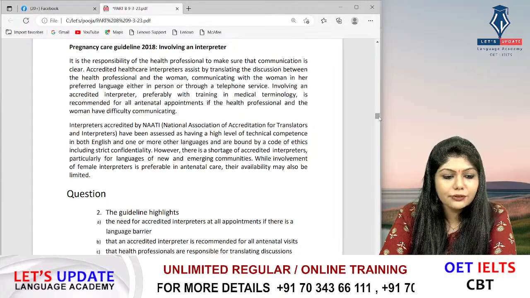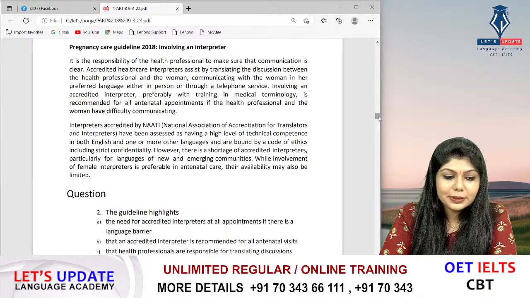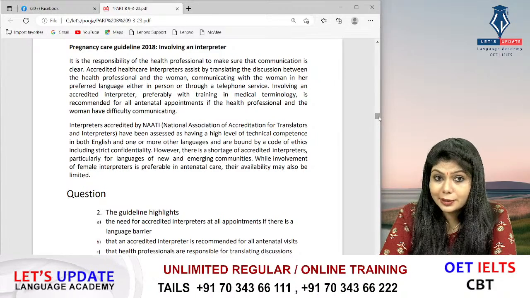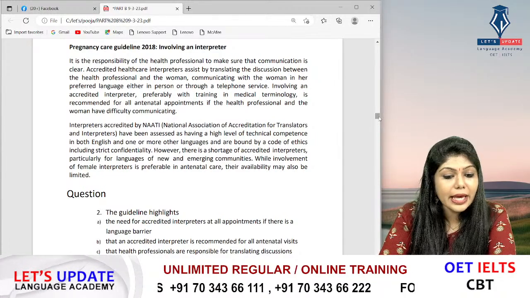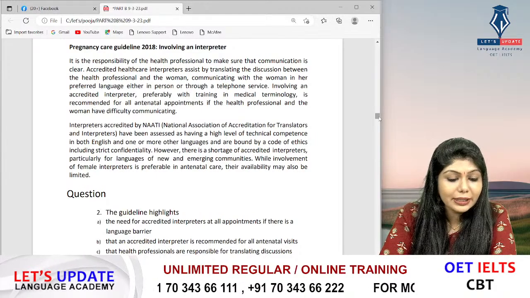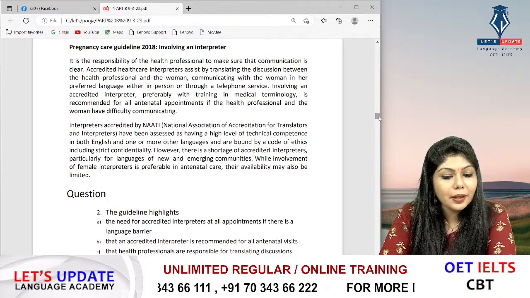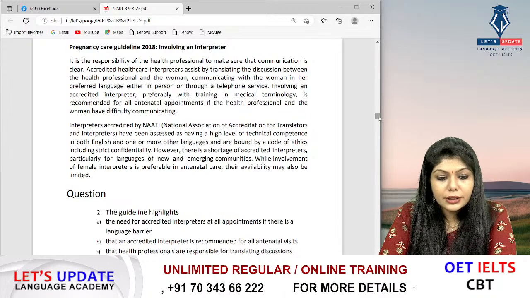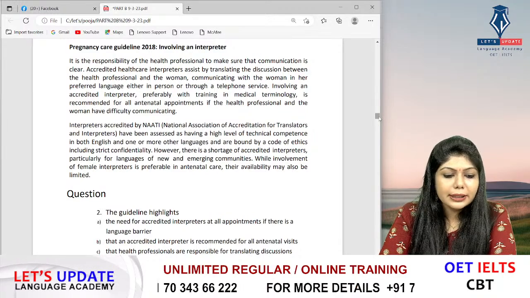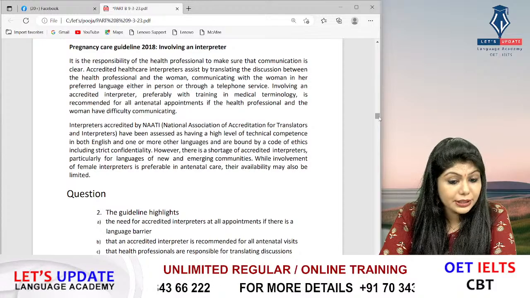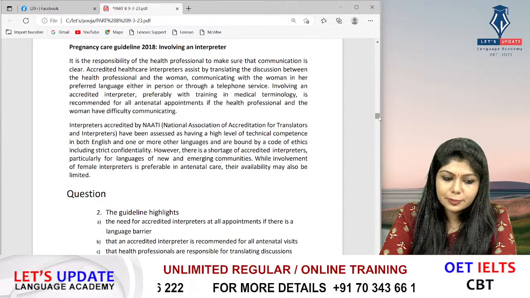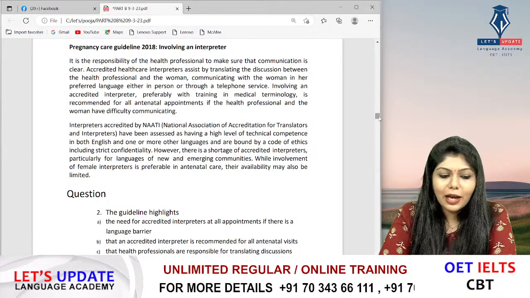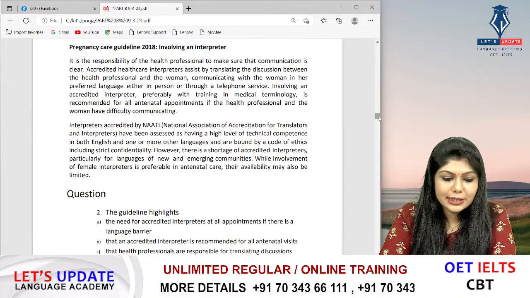If the health professional and the woman have difficulty, interpreters accredited by the National Accreditation Authority for Translators and Interpreters have been assessed as having a high level of technical competence in both English and one or more other languages, and are bound by a code of ethics including strict confidentiality. However, there is a shortage of accredited interpreters, particularly for languages of new and emerging communities. While involvement of female interpreters is preferable in antenatal care, their availability may also be limited.